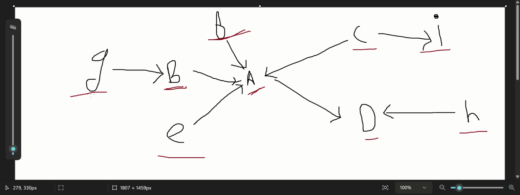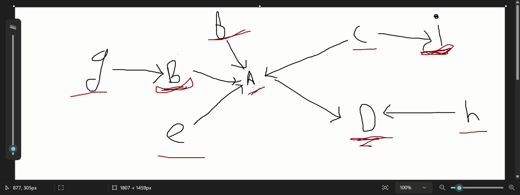So after G it comes to B, and there is no other node connected to B, so we will append B into our answer. The same with C to I: there is no other node connected to I, so we will append I into our answer. Same with D.